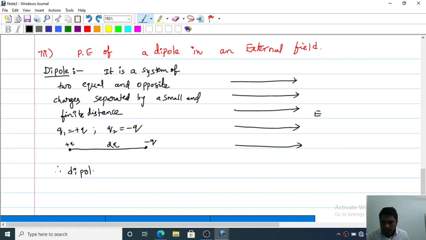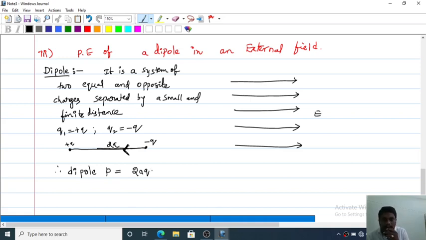This is called a system of two equal and opposite charges separated by finite distance, and it is said to be a dipole. The dipole moment of this dipole is represented by P, which equals the product of the magnitude of one of the charges and the separation between them. So it is 2aq. The direction of the dipole moment is always from negative to positive charge.